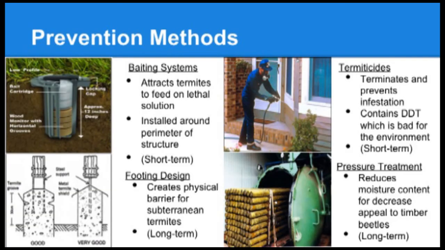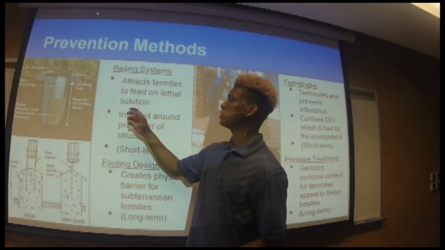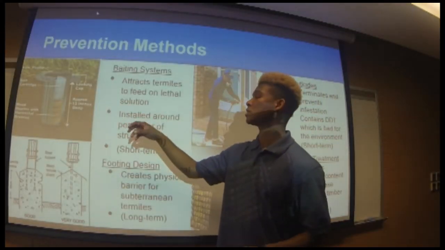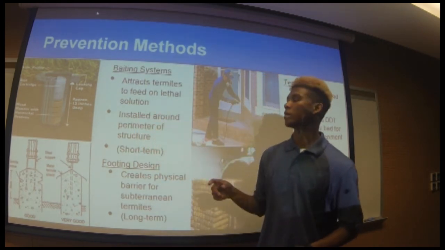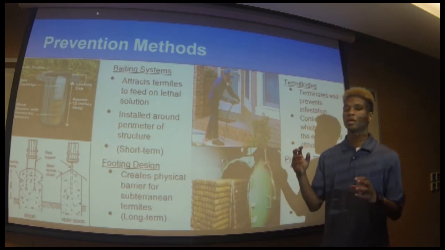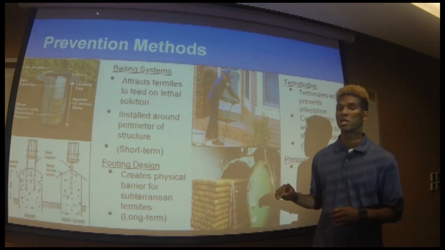And here are some of the methods commonly used to prevent the infestation of insects and bugs. In the top left-hand corner, you'll see an example of a gating system. And this method is used to prevent termites specifically. It contains substances that are toxic to these termites, and it attracts them to ingest it and take it back to the colonies.